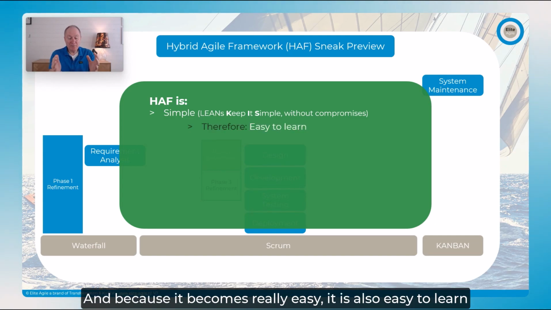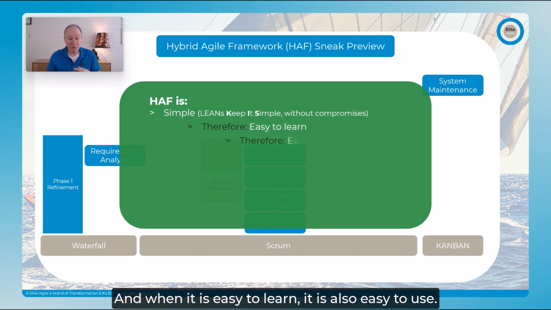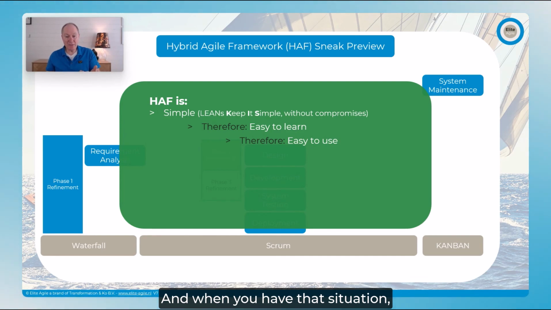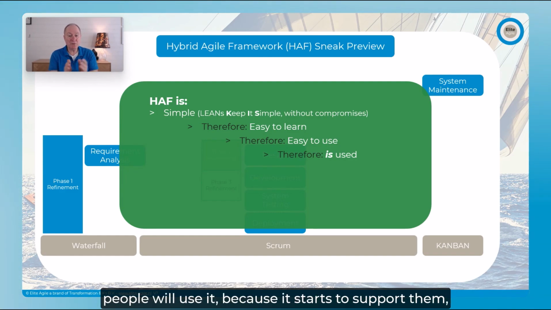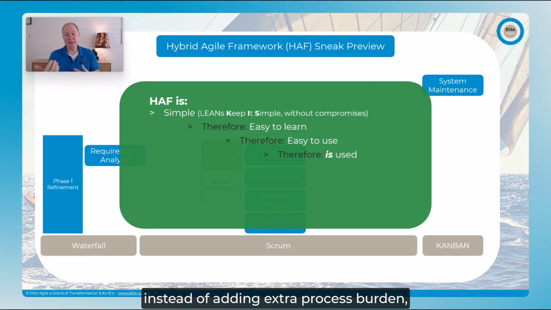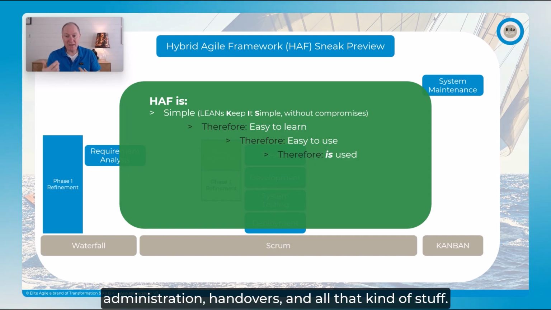And because it becomes really easy, it is also easy to learn. And when it is easy to learn, it is also easy to use. And when you have that situation, so not over-engineered processes with a lot of roles, people will use it because it starts to support them instead of adding extra process burden, administration, handovers, and all that kind of stuff.